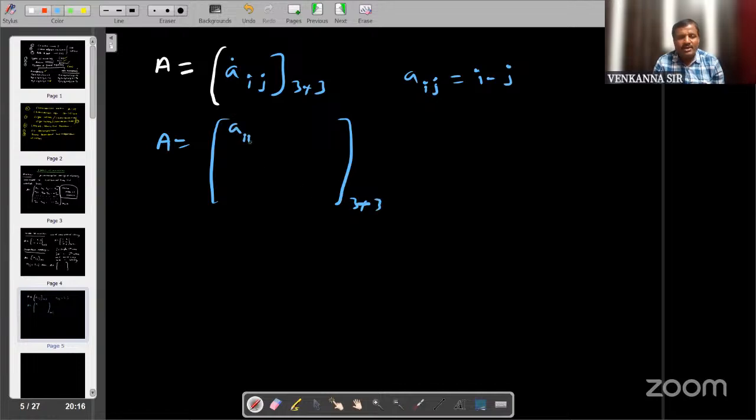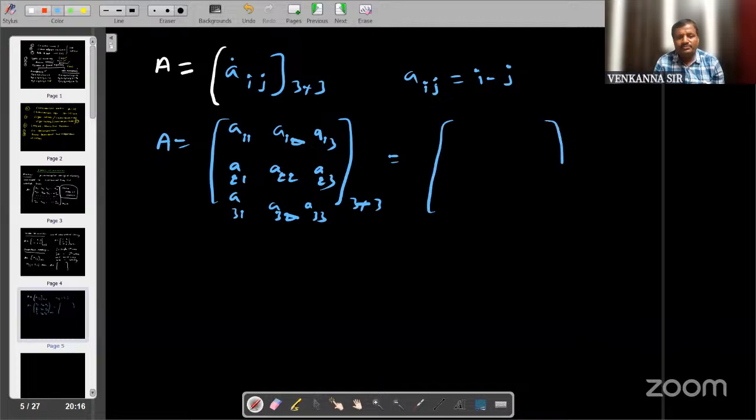Let us write the 9 elements as a11, a12, a13, a21, a22, a23, a31, a32, a33. What is the result of this here?